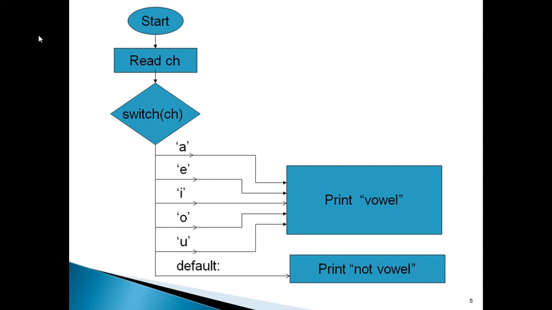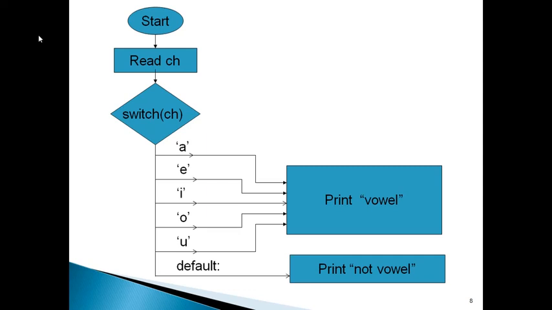Start, read the character, switch, expression. In the switch statement, the expression is the character, the character read, inputted by the user. The cases are case 1: A, case 2: E, case 3: I, case 4: O, case 5: U. These are the 5 possible choices, and the last one is the default.